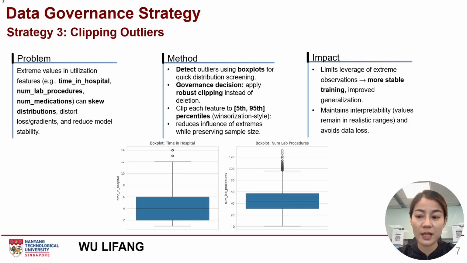We clip values at the 5th and 95th percentiles, similar to winsorization. So we reduce leverage from extremes while keeping the full sample. The expected effect is more stable optimization, better generalization, and future values that stay within realistic, interpretable ranges.